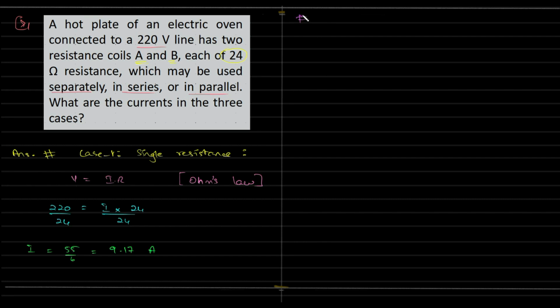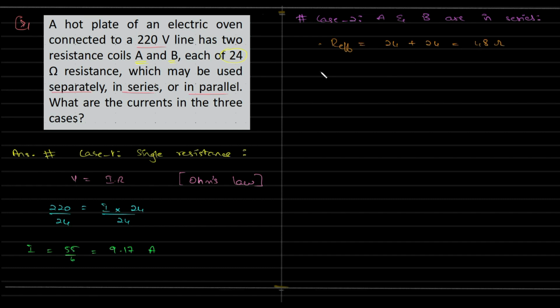Now case 2, A and B are in series. So in series, what happens? The effective resistance will be 24 plus 24 is 48 ohm.